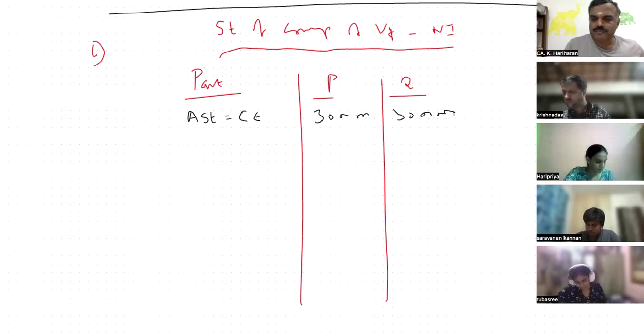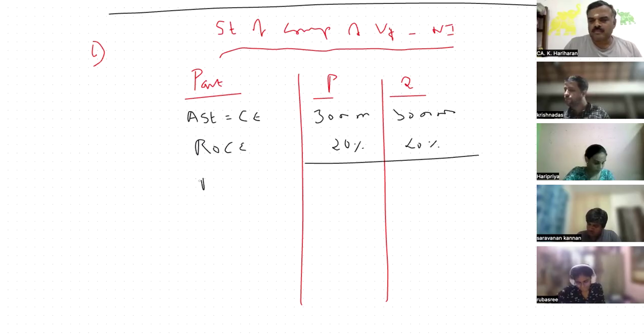So EBIT comes to how much? EBIT: 20% on 30 lakhs is equal to 6 lakhs. Based on the asset, we are computing 6 lakhs.